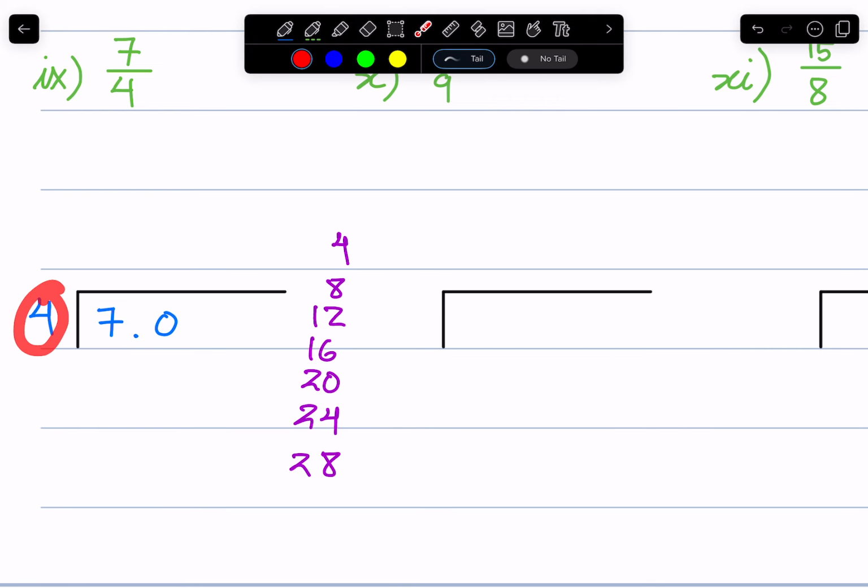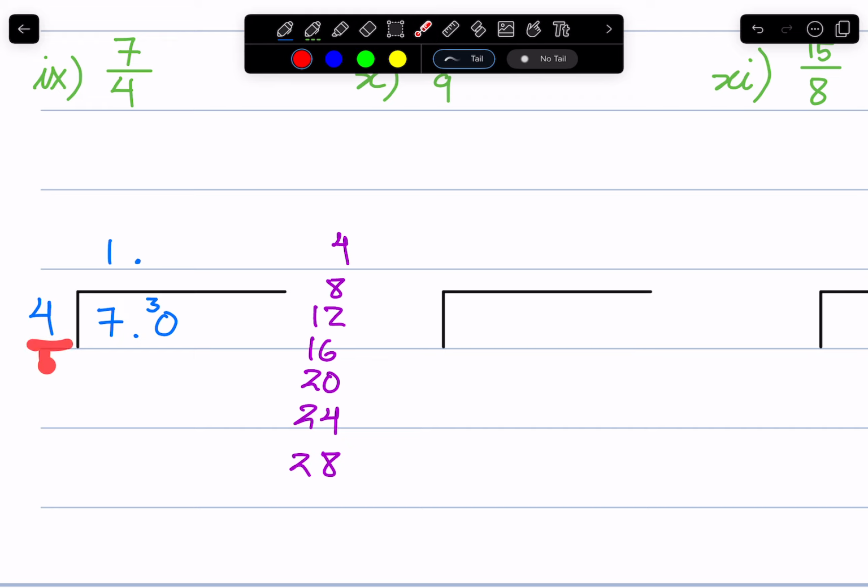But now look, 4 can go into 7 one time. So this time, rather than starting at 0, we can start straight away at 1 point. And now 4 times 1 is 4. Now to get to 7, we need the remainder of 3.